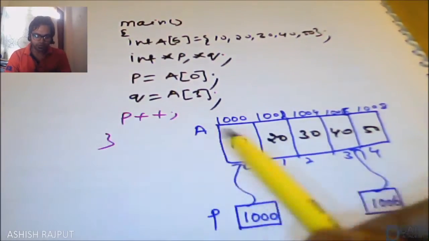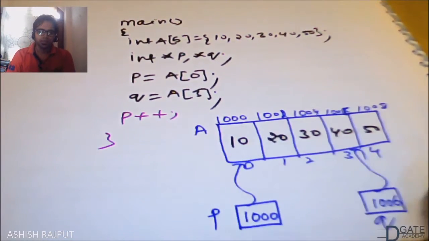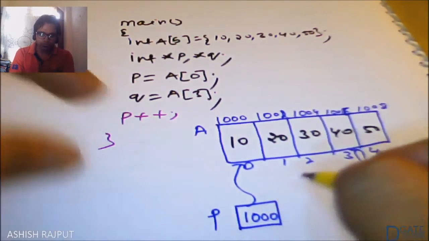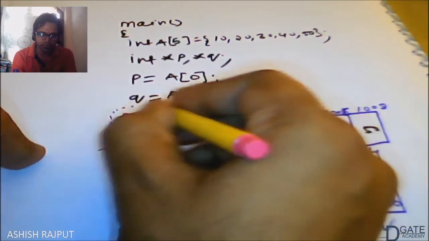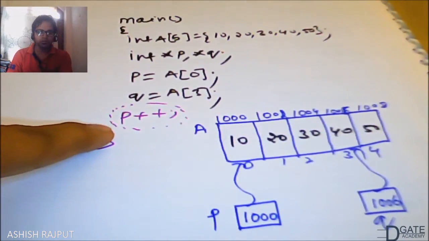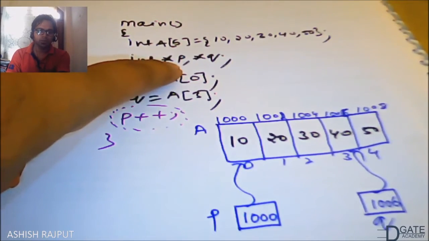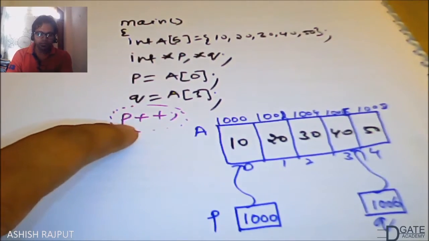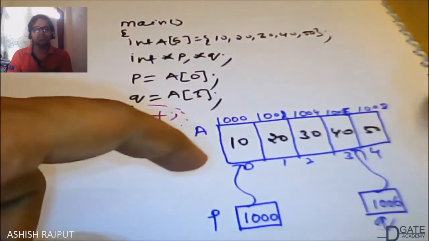So if we want to increment, P++, what do we mean by P++? Because P is a pointer type variable, and Q is also a pointer type variable. The meaning of P++ is move to the next element.